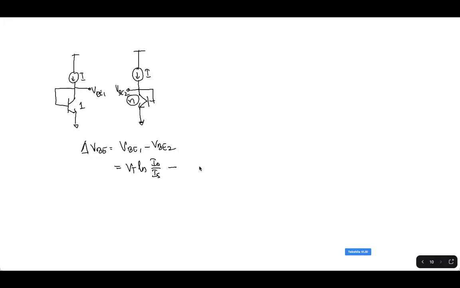What is VBE2? It is VT ln I naught by n times IS. There are n transistors and hence n times IS. You get del VBE given by VT ln n. What is VT? VT is KT by Q. So ln n is a constant for a given n, Q is a constant, K is a constant.